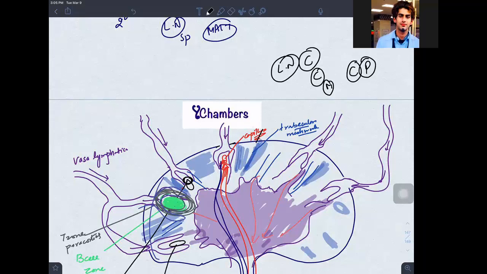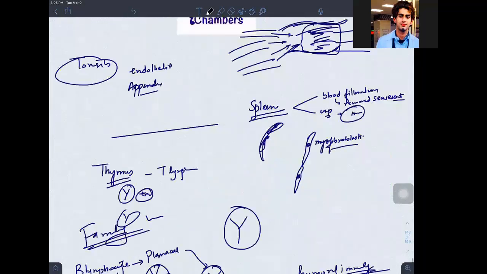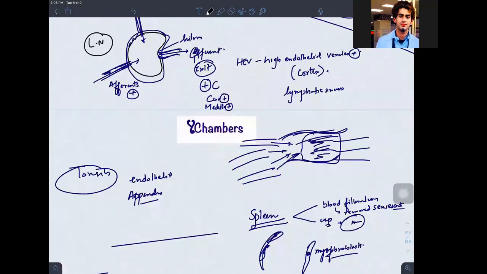Cortex contains what? Lymphocytes. In general, we are saying cortex contains lymphocytes. Then we ask about the spleen, where are they present? That's what you have to remember.